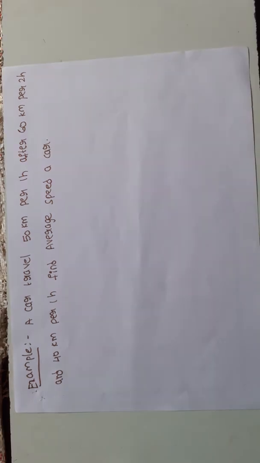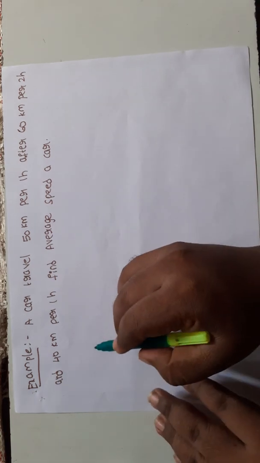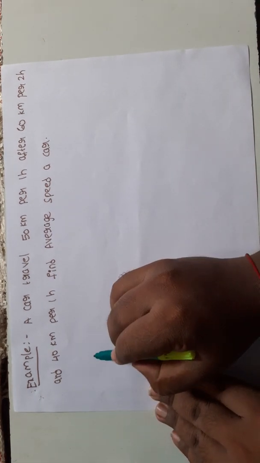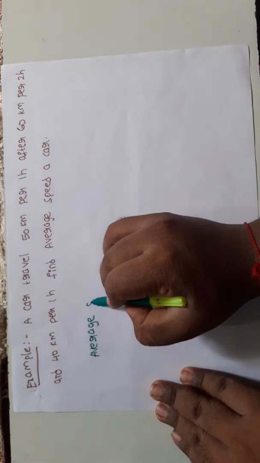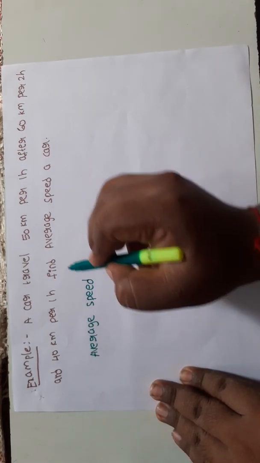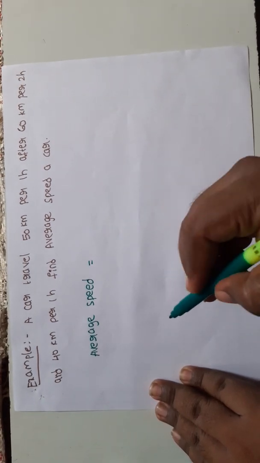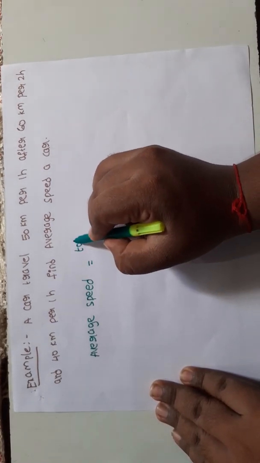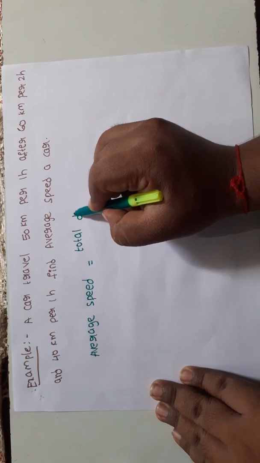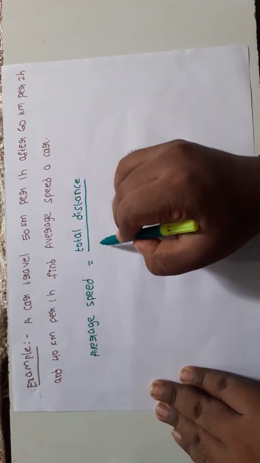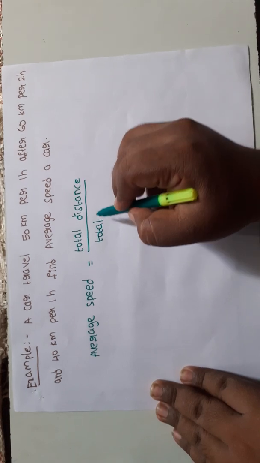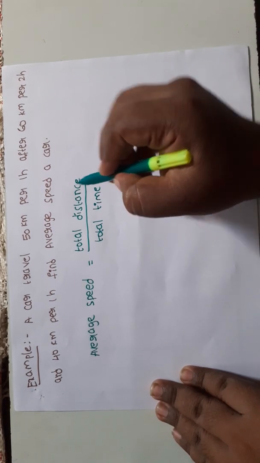Okay, solution. The question directly asks to find the average speed of the car. So, average speed equals, what is the formula of the average speed? Total distance by total time.